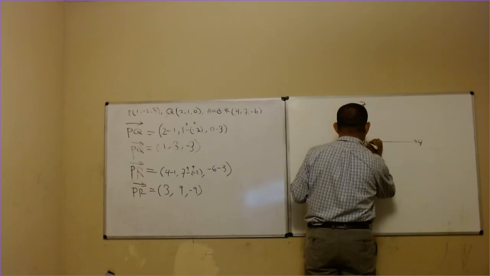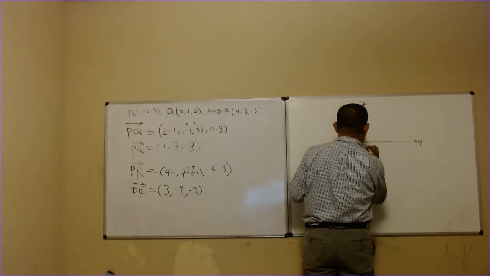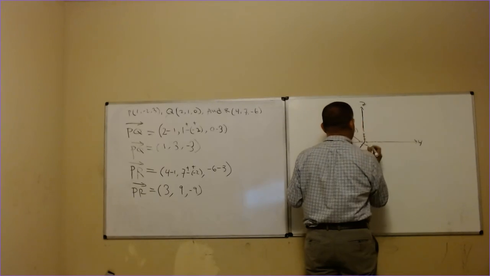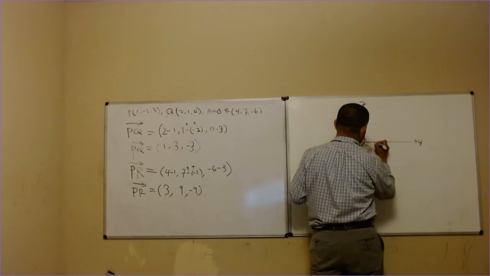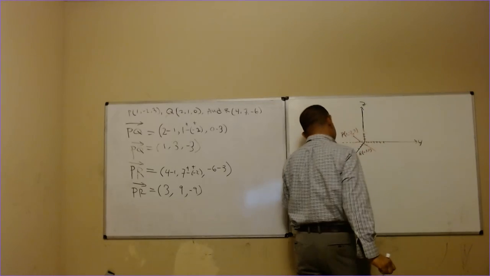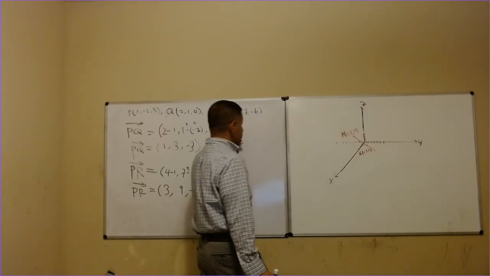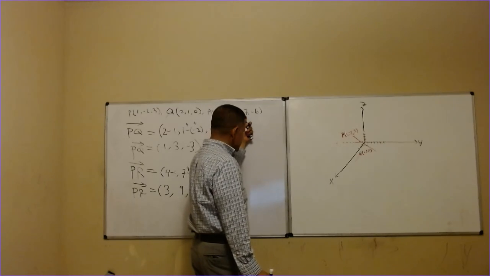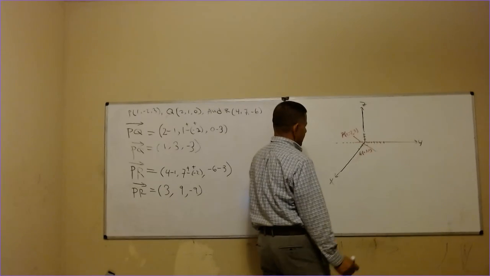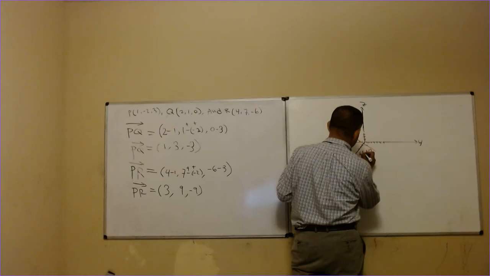So that would be Y: 2, 3, 4, 5, 6, 7. I am traveling from X equals 4 to Y equals 7, right?